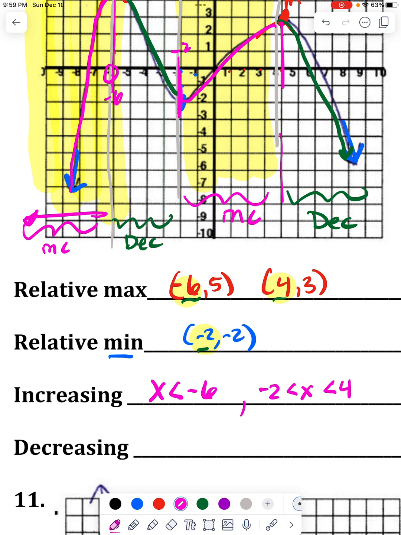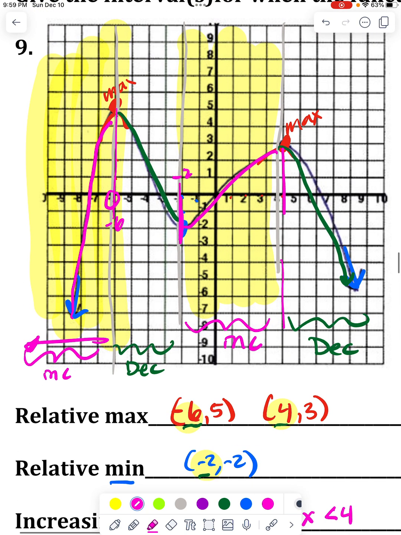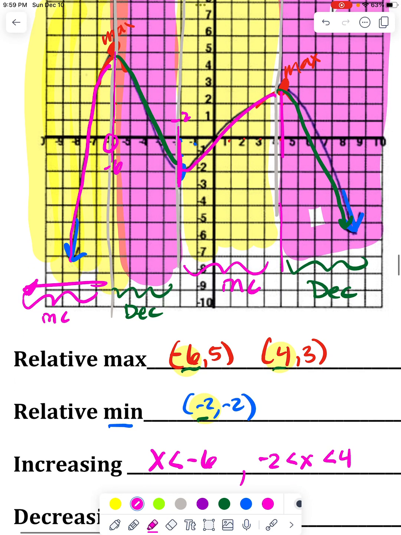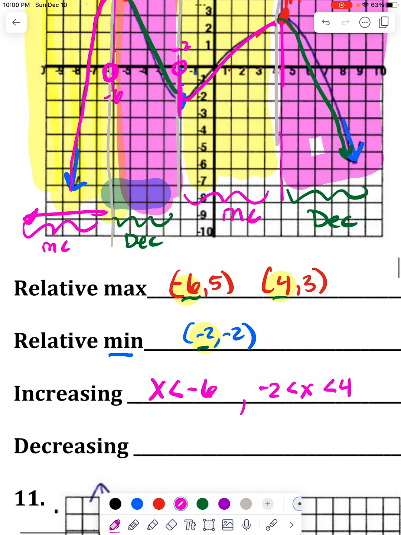Now my regions of decrease are going to be in those other spots. So it's decreasing from here until here when I hit that low point, and then it's also decreasing from the maximum until forever. So how do I describe that? I'm only using x's. So this part from here to here is going to be from -6 to -2.